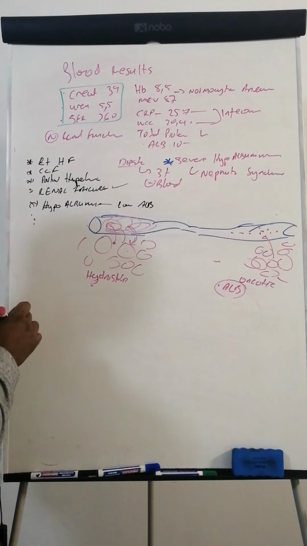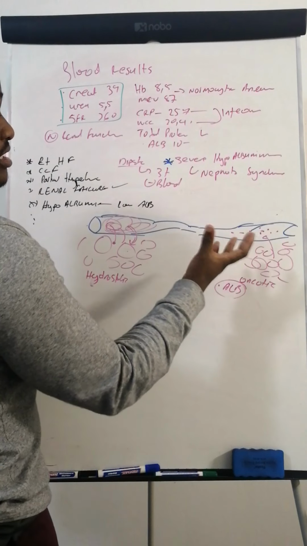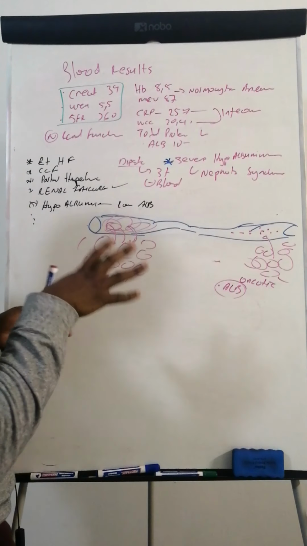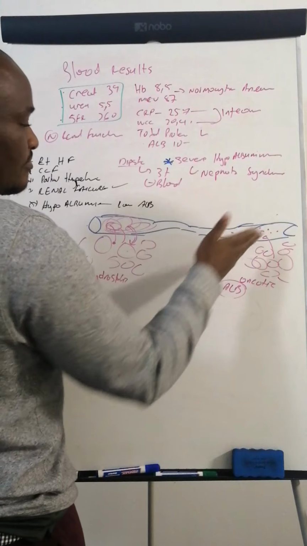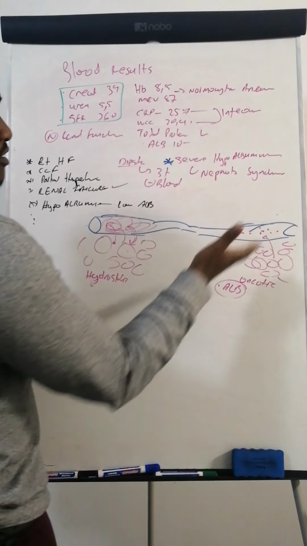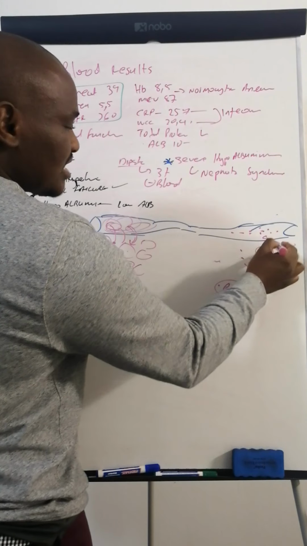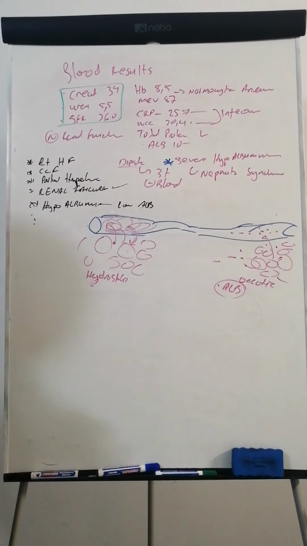So the higher the albumin, the easier it is for the pressure gradient to be created, and then you get water going back. But if you've got a low albumin, this ability of water moving back becomes impaired. So now the water stays outside, and the patient becomes swollen.